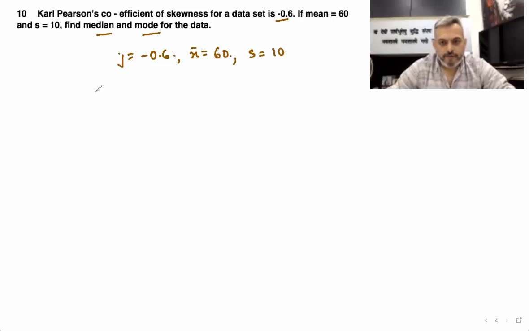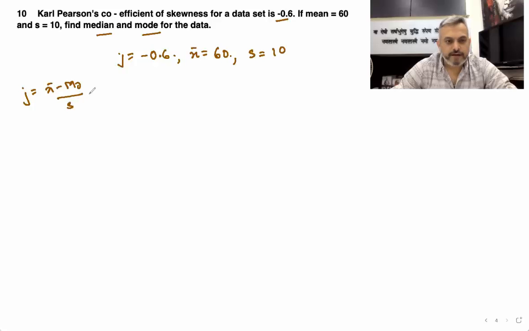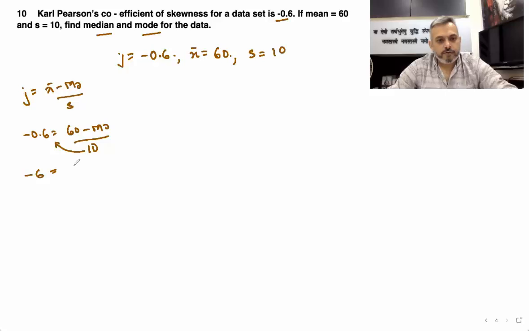So let's go for the formula for finding mode. J is equal to x bar minus mode upon standard deviation. So minus 0.6 is equal to 60 minus mode upon standard deviation 10. We multiply, so minus 6 is equal to 60 minus mode.